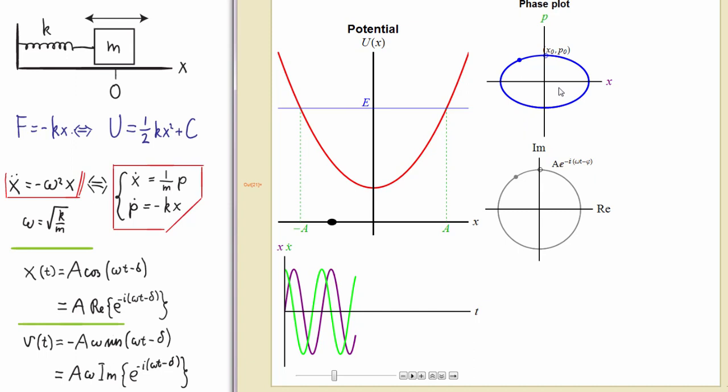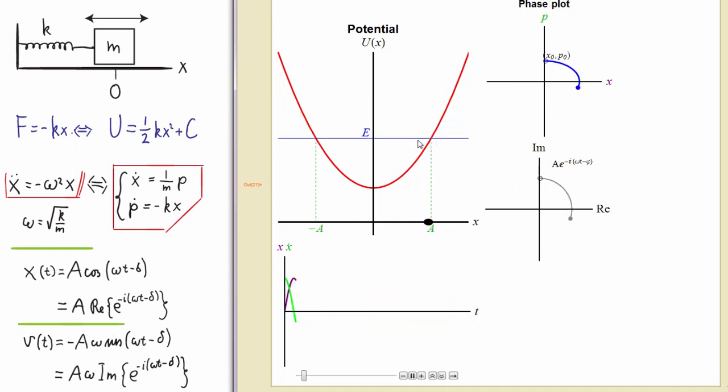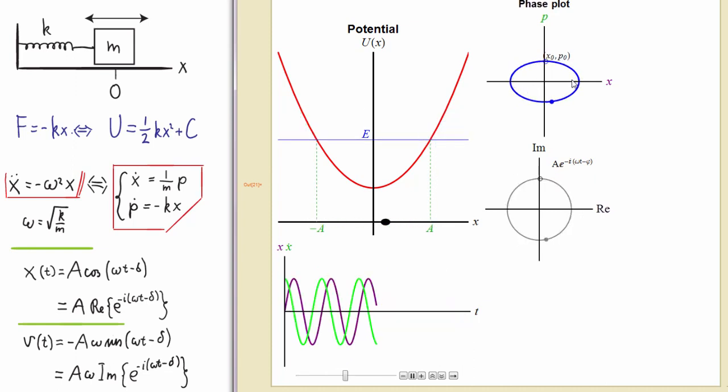Oh, one other thing I wanted to mention. As you can see, when we let time evolve here, the position in the phase plot keeps changing, and if I change the energy, then we're moving in a different orbit. There is one specific point that is different, though.